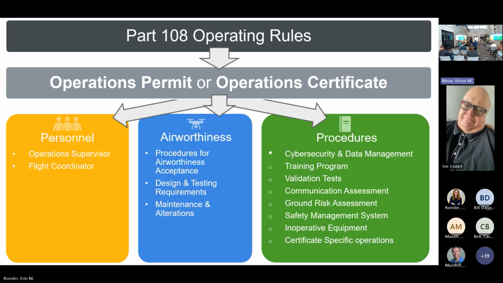Ground risk assessment, which actually points to land scan data, but not only just terrain obstacles, but in addition to population densities, taking that into account in my ground risk assessment. A SMS system that aligns to Part 5, so SMS that aligns to traditional aviation and the construct of SMS that we see there.